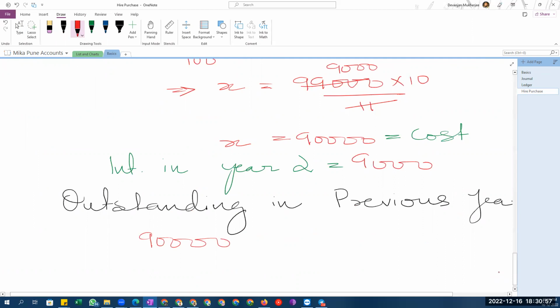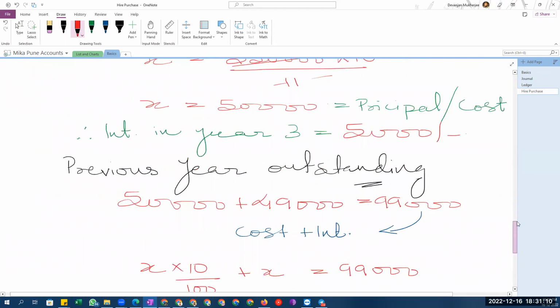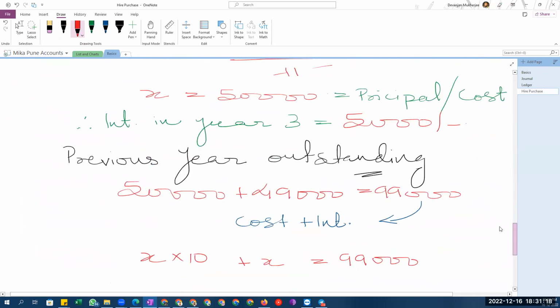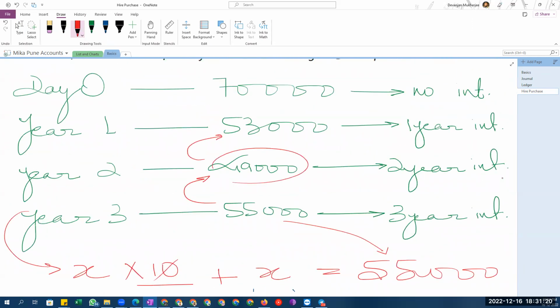The cost plus the installment. No, the installment is 49,000. Year 2 installment was 49,000.